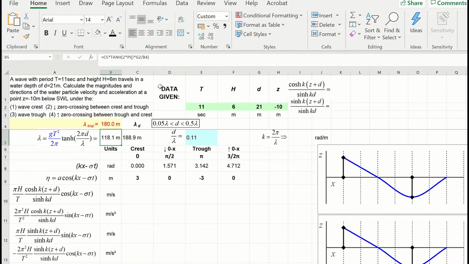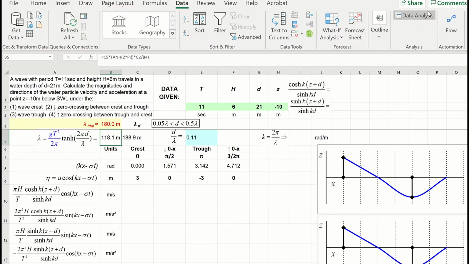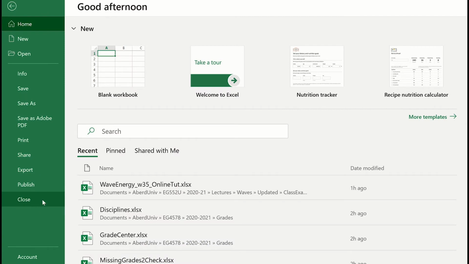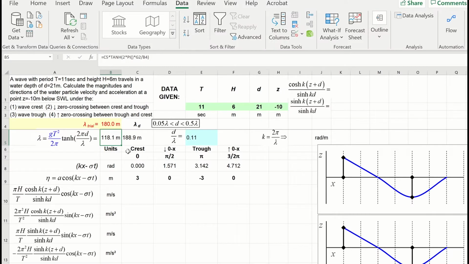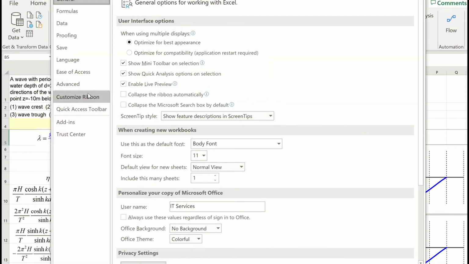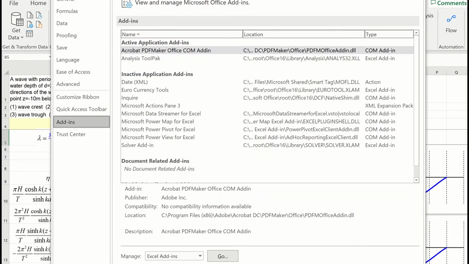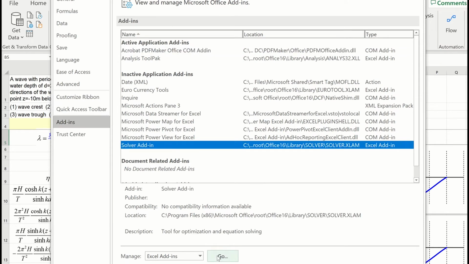I will use solver, which you can find using the data tab, and here you would need to use solver. As you can see, it's not shown. If it's not shown, you just go to file, add-ins, options, and then you have add-ins, and here we have solver.